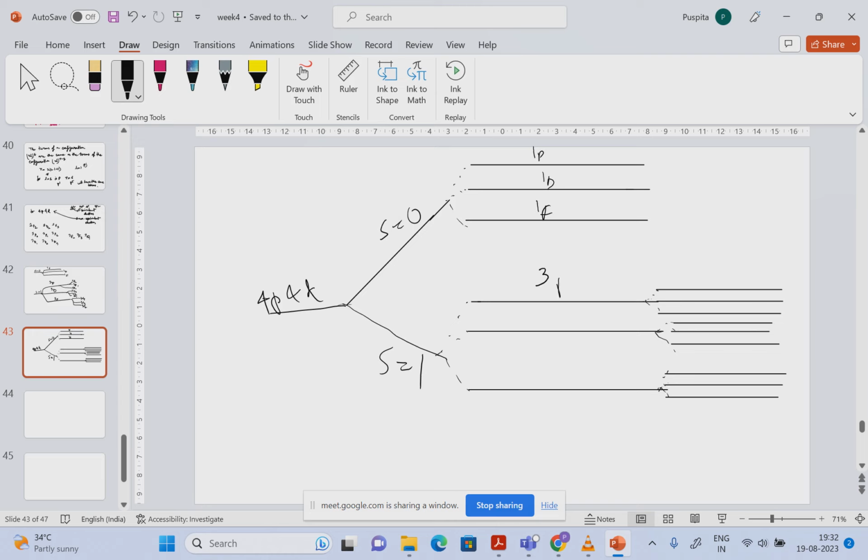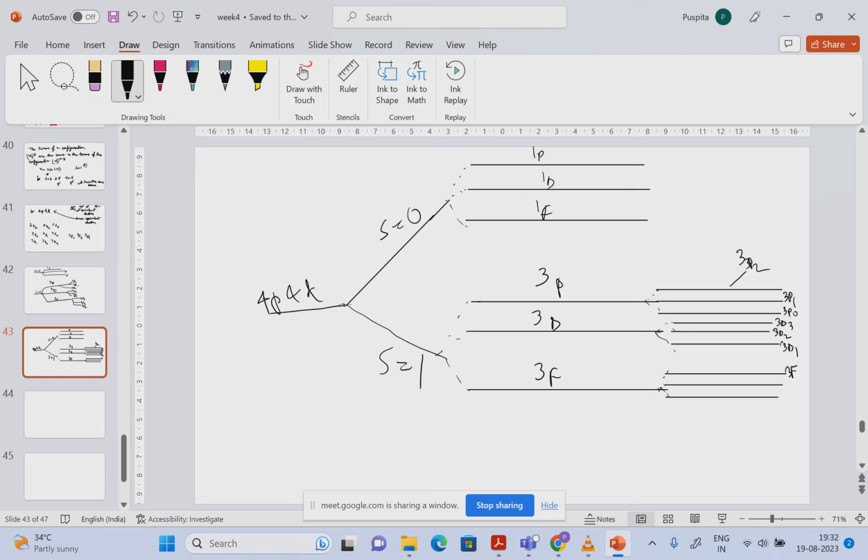This is 3P, 3D, 3F. First one is 3P2, 3P1. This is 3P0. This is 3D3, 3D2, 3D1.